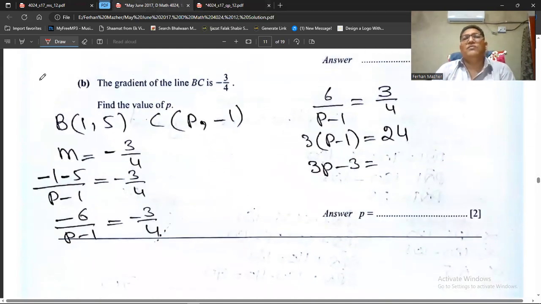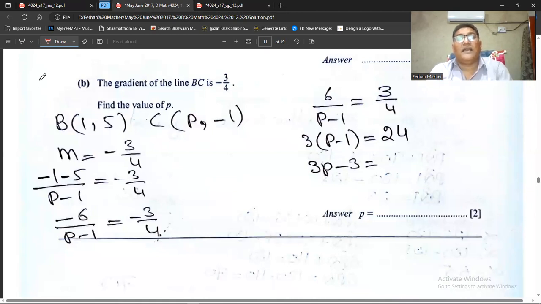So the B is (1, 5). The C is (p, -1). And the gradient of the BC line is minus 3 by 4. And you know the formula for the gradient is y2 minus y1 divided by x2 minus x1. So it will be minus 1 minus 5 divided by p minus 1. And that is equal to minus 3 by 4. So minus 6 by p minus 1. And that is equal to minus 3 by 4.